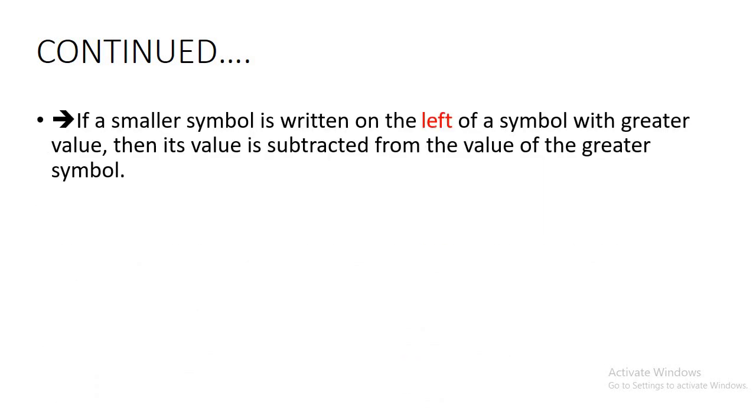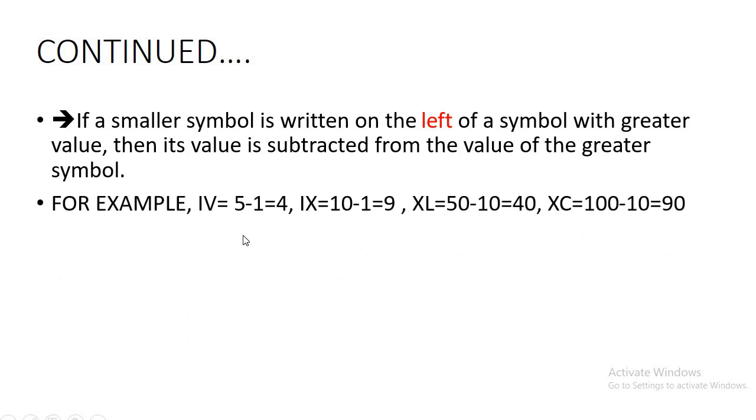Now, the next rule says, if a smaller symbol is written on the left of a symbol with greater value, then its value is subtracted from the value of the greater symbol. For example, I represents 1 and V represents 5.